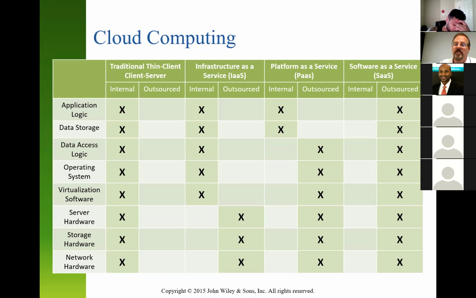This is a very good matrix, by the way, to also memorize, hint, for the test. This helps you understand what these terms mean. And these IaaS, PaaS, and especially SaaS, software as a service, these are big marketing terms that Microsoft and Amazon and Oracle like to throw at you.